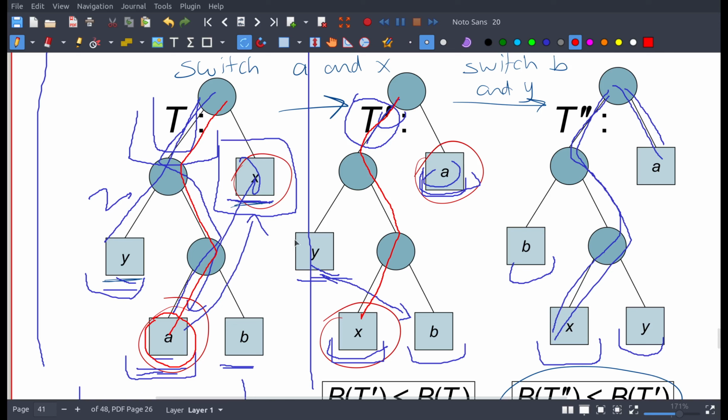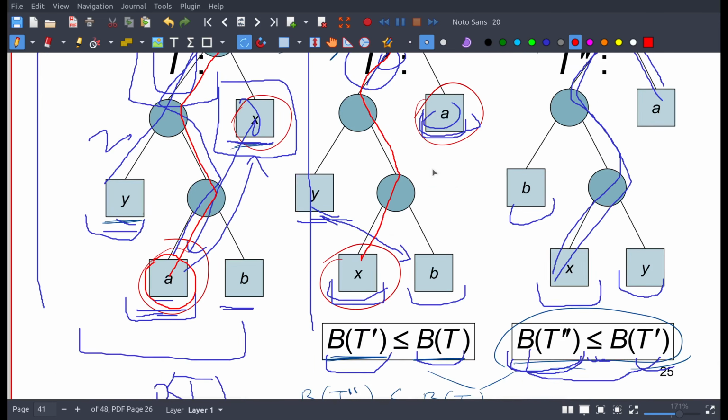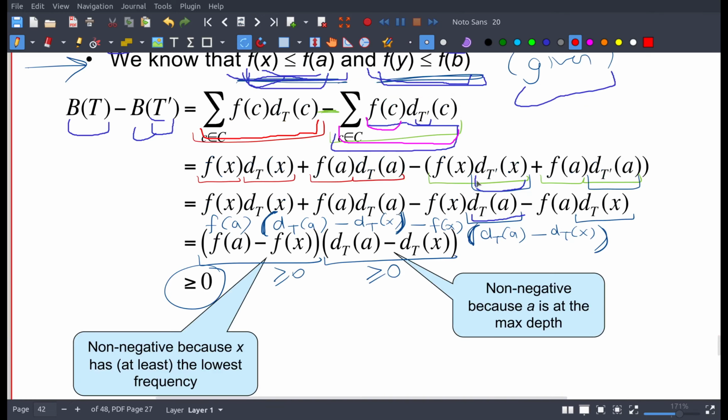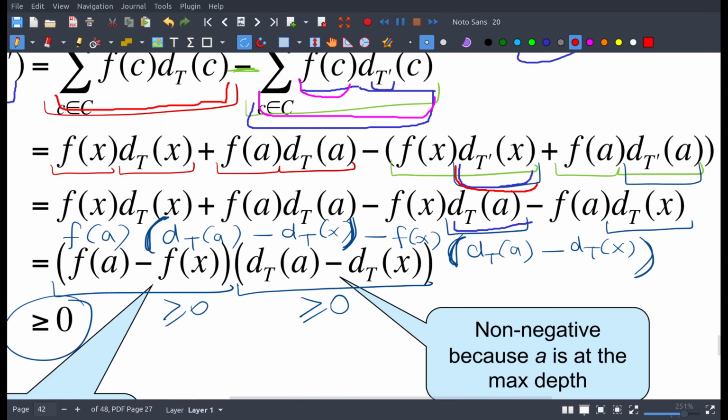These two are equal because we swapped x and a. So x is in the position where a was before, right? And for that reason, the distance t dash of x is equal to the distance of t of a. As you can see, there is no dash here. I hope that makes sense.